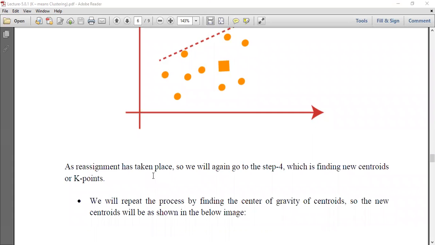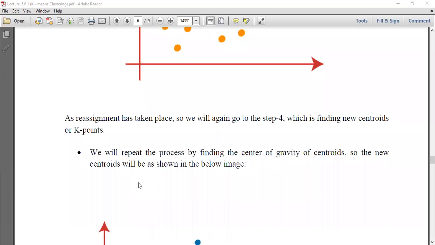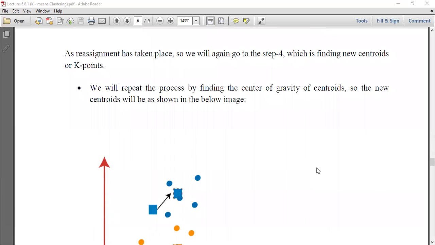As a reassignment has taken place, we will again go to step 4, which is finding new centroids or k points. We will repeat the process by finding the center of gravity of each cluster. So the new centroid will be as shown.